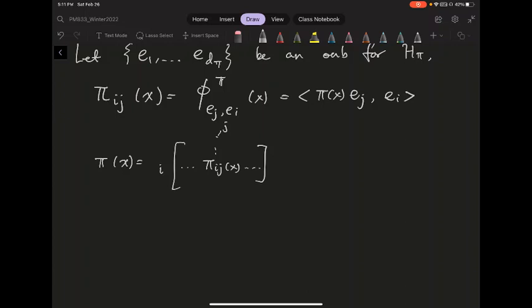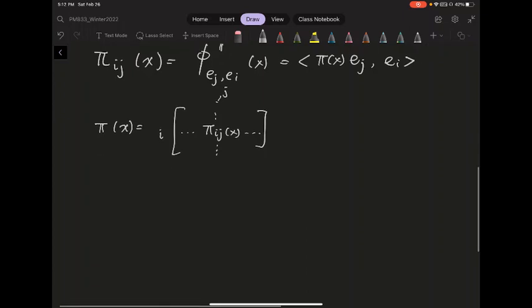When you apply ej, you have a vector with 1 on the jth coordinate, and then you take the inner product with the vector with 1 on the ith coordinate, and this inner product basically returns the ij entry of this d pi by d pi matrix. So this is the picture of these pi ij. They're the basic matrix coefficients.